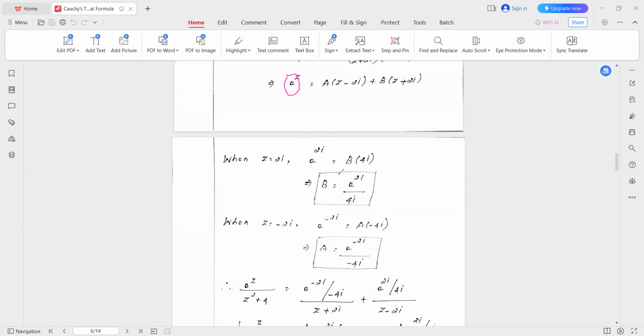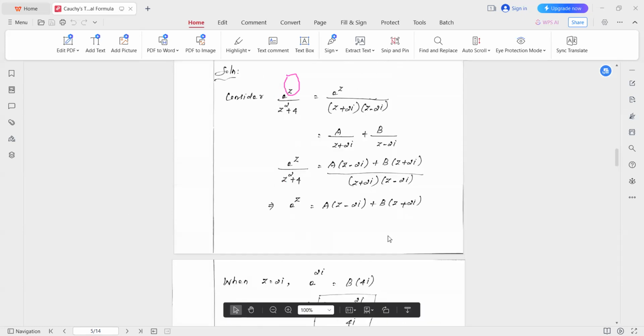When we substitute z equal to minus 2i, B will vanish, so we get e power minus 2i is equal to A into minus 4i. Therefore, A is equal to e power minus 2i by 4i. So we found the values of A and B, and we are going to substitute the values of A and B in this equation.